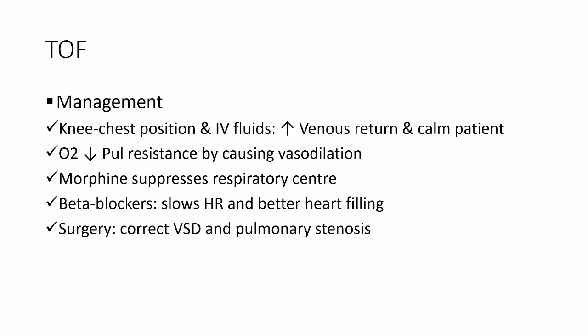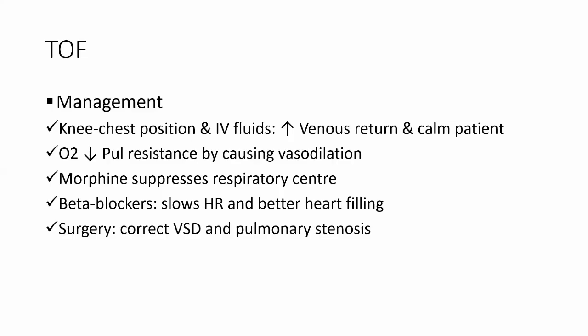We can also give the patient morphine sulfate, which can suppress the respiratory center, because half the time, if they have an increased respiratory rate, it can worsen this condition. So the morphine sulfate sort of helps to abolish this hyperpnea. And then in terms of vasoconstriction, you can use drugs such as phenylephrine to raise the systemic vascular resistance.